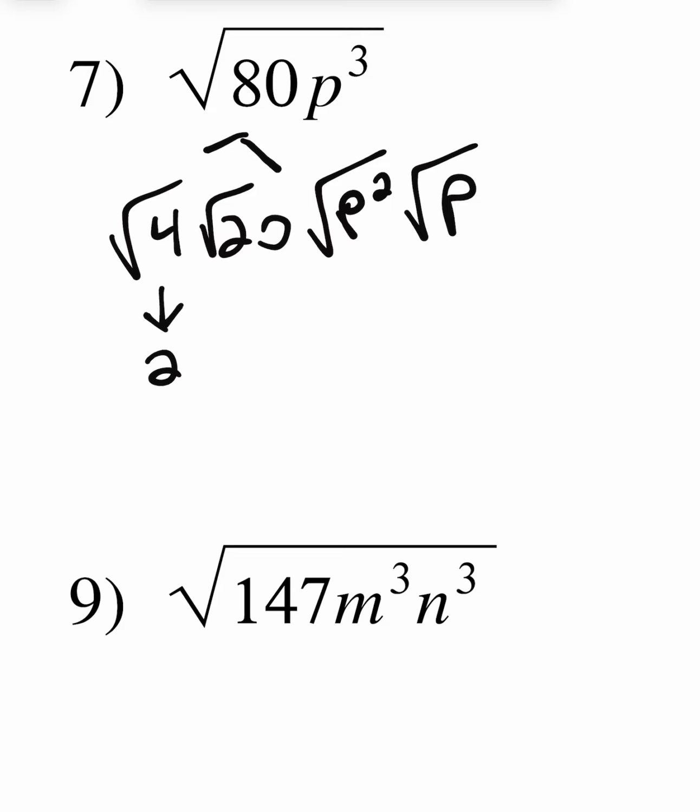Now this 20, I get the sense that we can separate this out because I know that 4 goes into 20. So I'll separate this out into radical 4, radical 5.